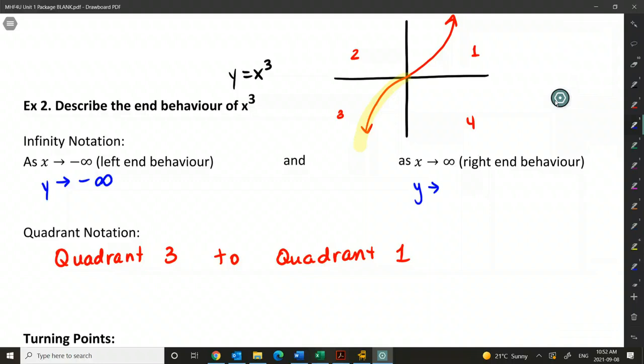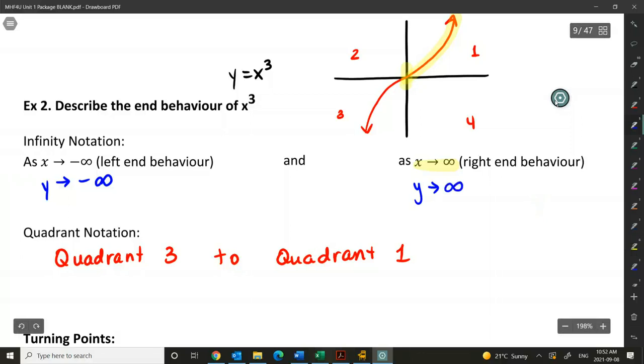Okay, so it's not that complex, right, when we really think about it. For the right side, I start in the middle of the graph and go toward the right end, so that's as x approaches infinity. What does the right end do? Does it go up or does it go down? Up. So what do I want to say here? Athena?